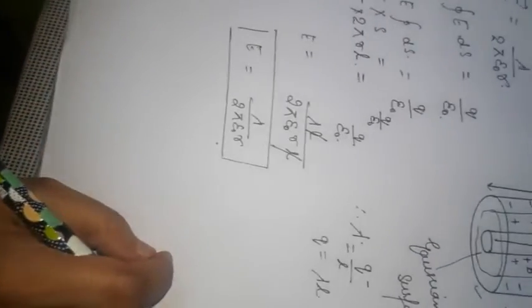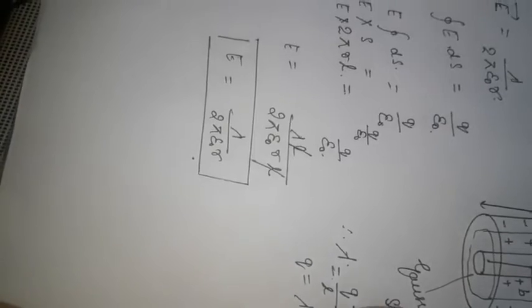The electric field at a point because of the outer cylinder is 0 because it is earthed.